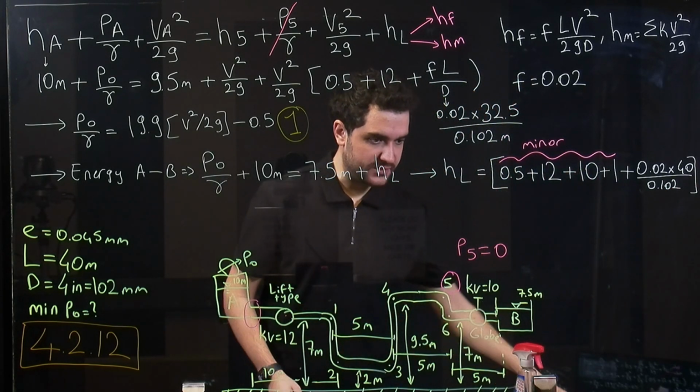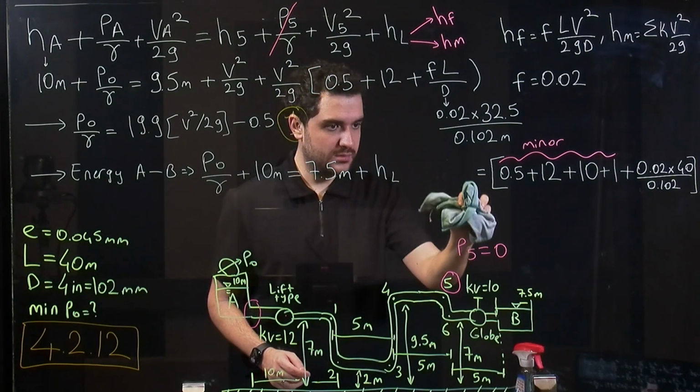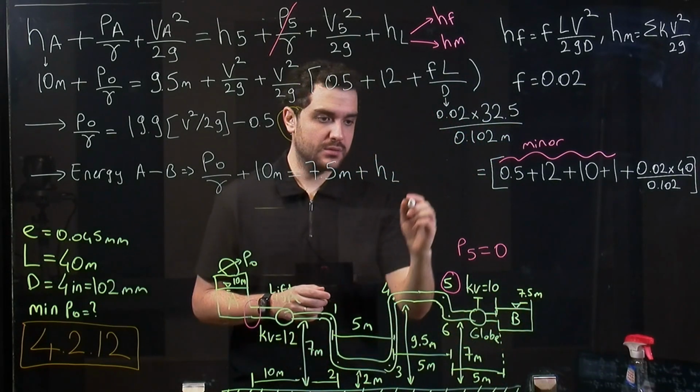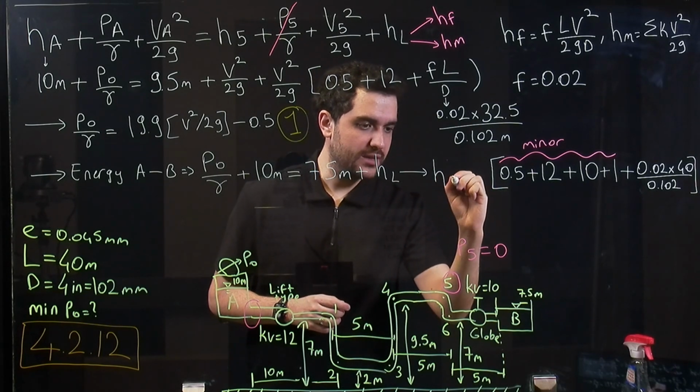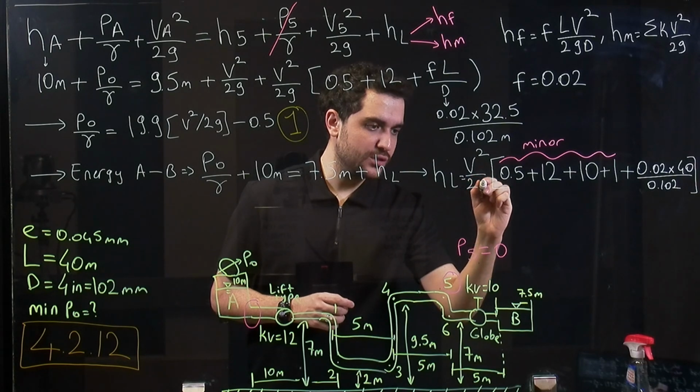Actually, let me write this. Head loss is equal in the parentheses of V square over 2G.